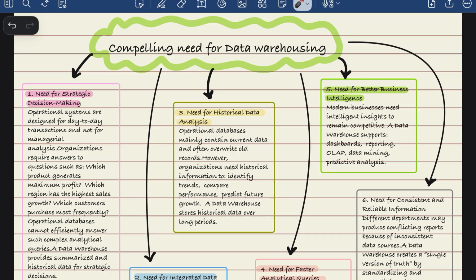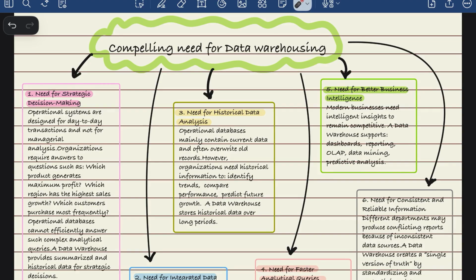All these things are part of data mining. You are actually constructing something out of data, right? For that you need a data warehouse where all the data is stored.